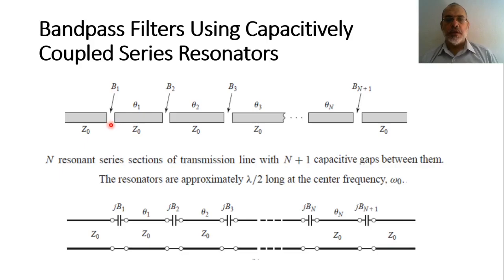In addition, it is also required to determine theta 1, theta 2, theta 3, and from the phases we can determine the lengths of the resonators L1, L2, L3. So, if we have a gap delta 1 here, corresponding to the capacitor C1, which has an admittance B1, it is required to determine delta 1, L1, delta 2, L2, delta 3, L3, and so on.